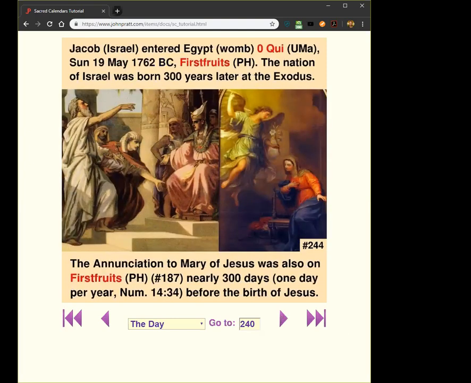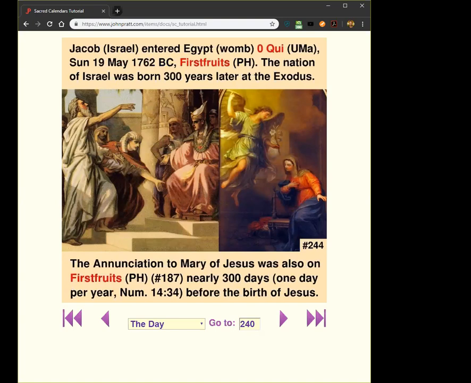Okay, Jacob, the man Israel, entered Egypt. This is what I was just saying. He entered Egypt, the womb, on this day, which was first fruits on the perpetual Hebrew calendar, and Israel was born 300 years later at the Exodus. The Annunciation to Mary of Jesus was also on first fruits.